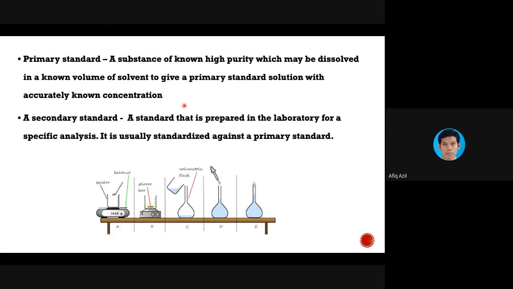In a pharmaceutical manufacturing environment, the primary standard is the standard that you can buy from a pharmacopoeia company like USP or BP. They sell primary standards of various active pharmaceutical ingredients, and the price is not cheap.